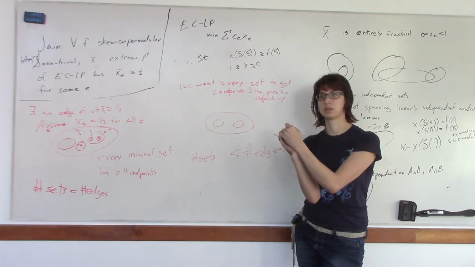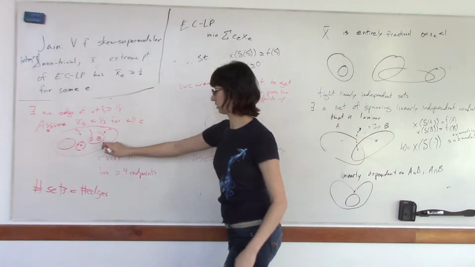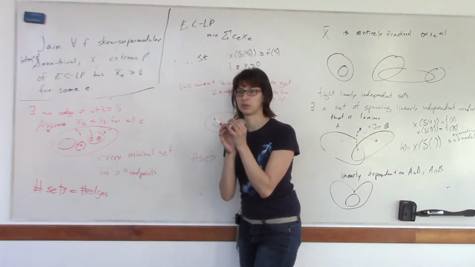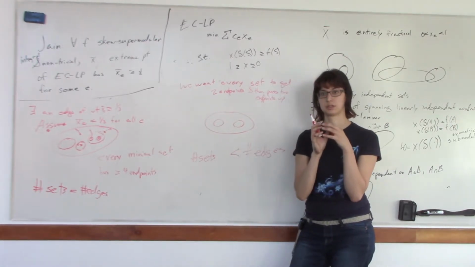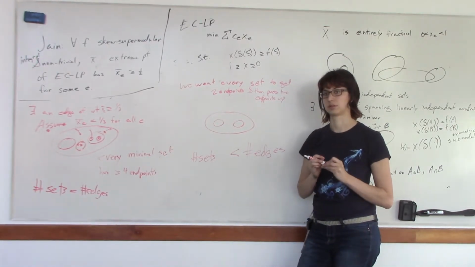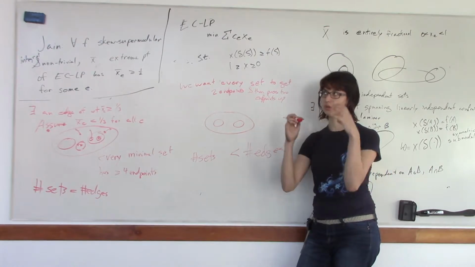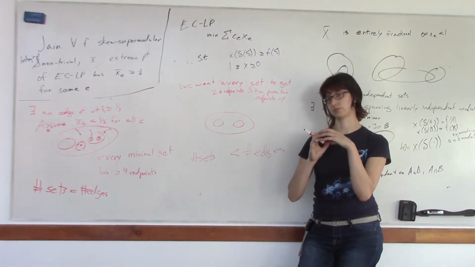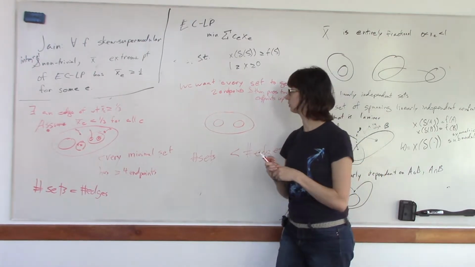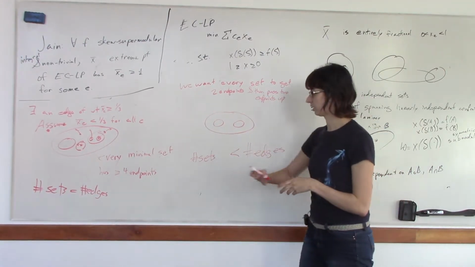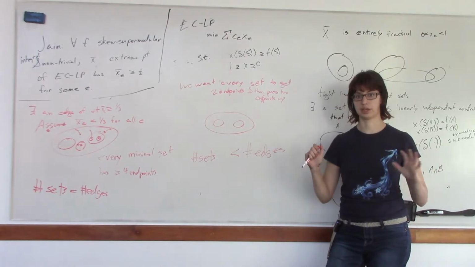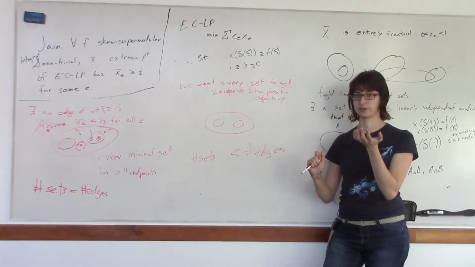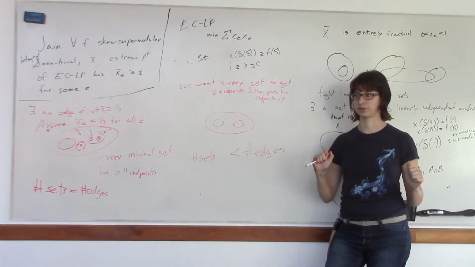In your laminar family, you only get an endpoint when you're the smallest set containing it. Yeah, so you do have 4 endpoints inside of you, but you're not necessarily the smallest set for those 4 endpoints. So every minimal set is good. It gets 2 and passes 2 up to its parent. We're good on the base case.